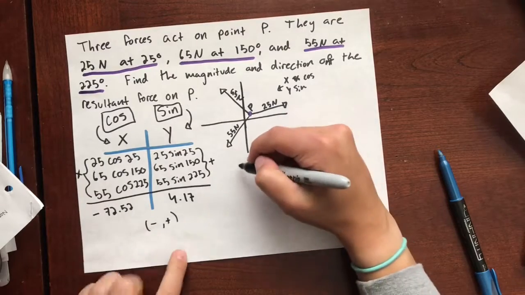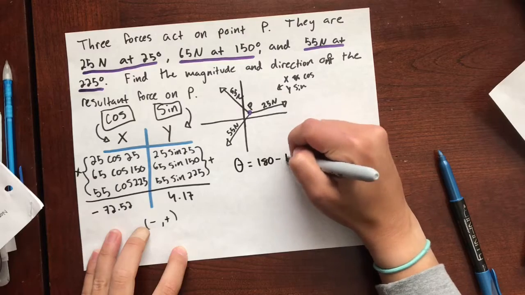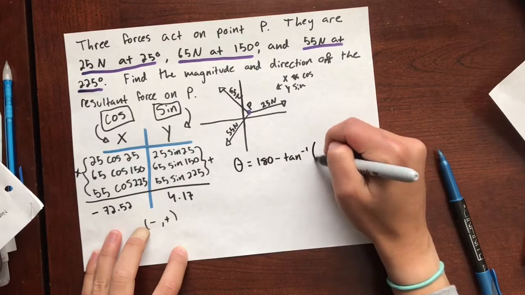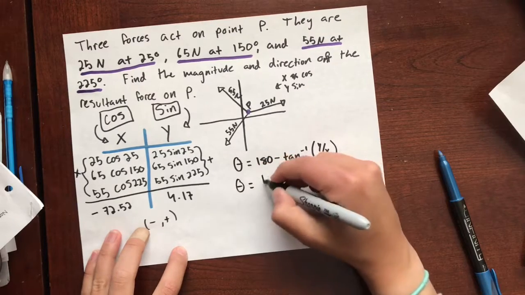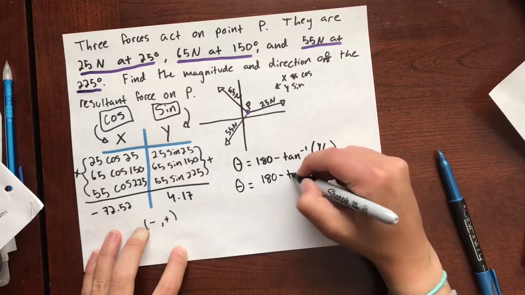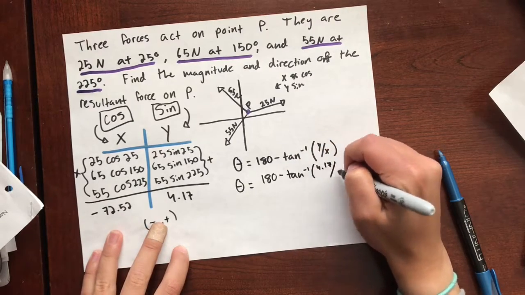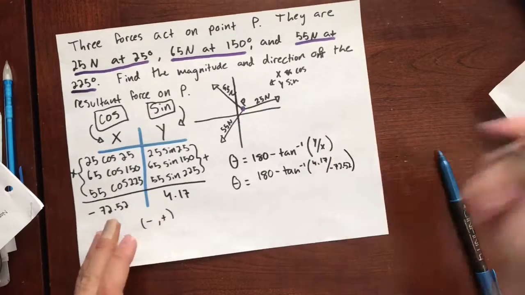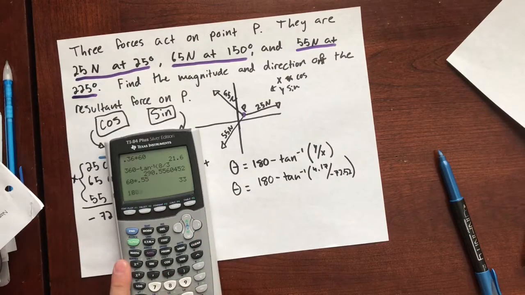So the equation is theta equals 180 minus tangent negative 1, the inverse tangent, of y over x. So this is going to be theta equals 180 minus tan negative 1, our y is 4.17 over negative 72.52.